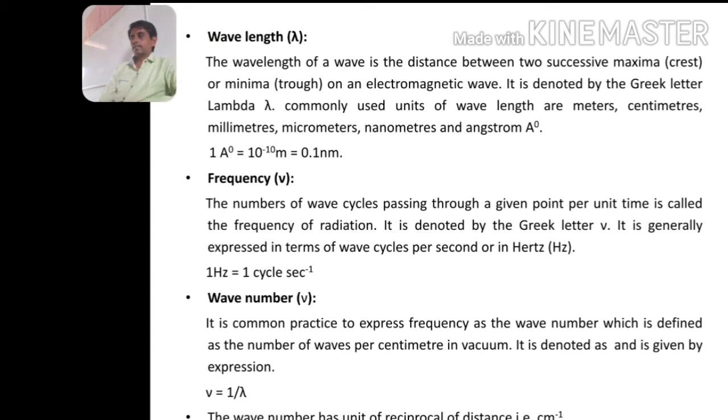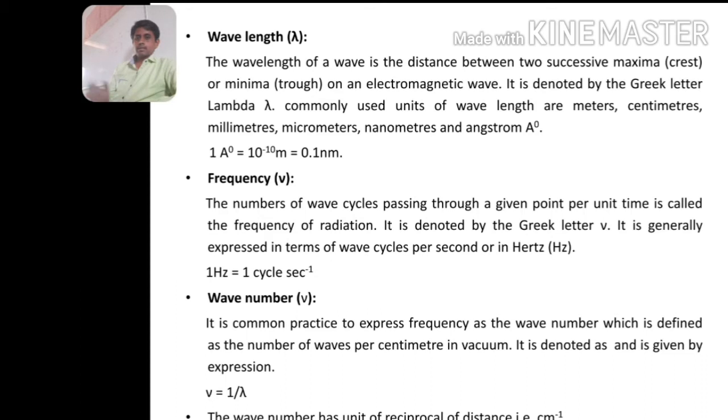As electromagnetic radiations are waves, wavelength is different for different electromagnetic radiation. The wavelength of a wave is the distance between two successive maxima, that is called the crest, or minima, called the trough, of an electromagnetic wave.